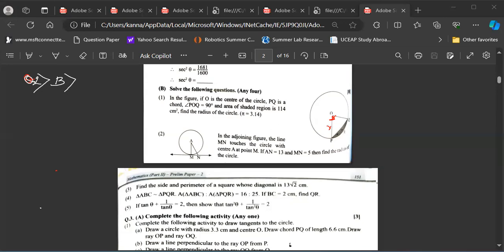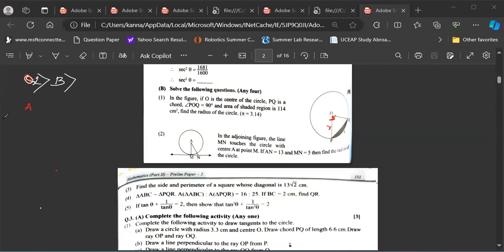This shaded part is called a segment of a circle. If theta is any of these values, 30 degrees, 45 degrees, 60 degrees, or 90 degrees, you can go for one direct formula. What is that?